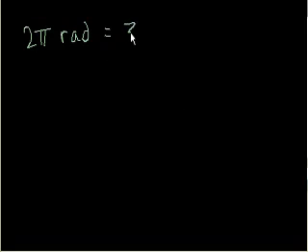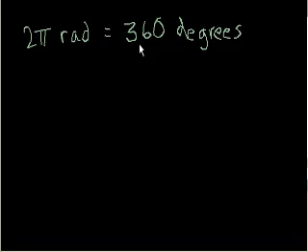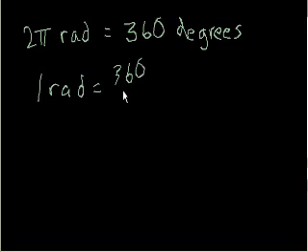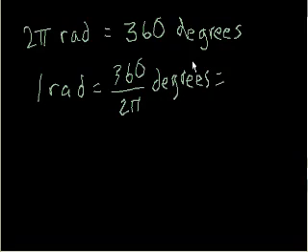Well, that's equal to 360 degrees. So there, we have an equation that sets up a conversion between radians and degrees. So 1 radian is equal to 360 over 2 pi degrees, right? I just divided both sides by 2 pi, which equals 180 over pi degrees.